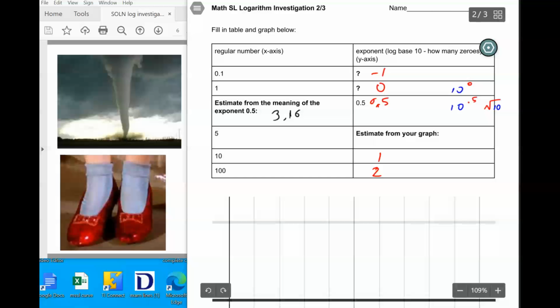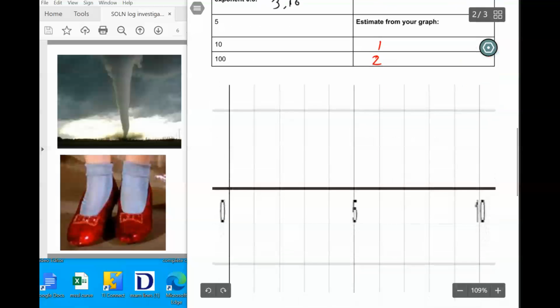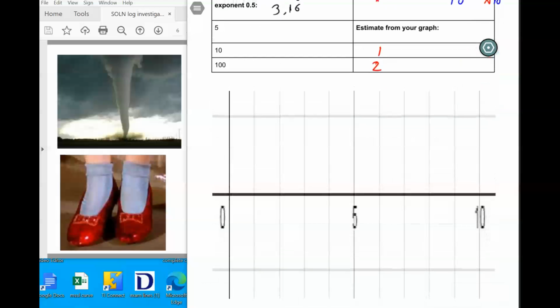Okay? So first what we're going to do is label our y-axis. This will be 1. And this will be negative 1. And here is our x-axis, which goes from 0 to 10. 1, 2, 3, 4, 5, 6, 7, 8, 9, 10. And I'm just going to graph the points that we have here.